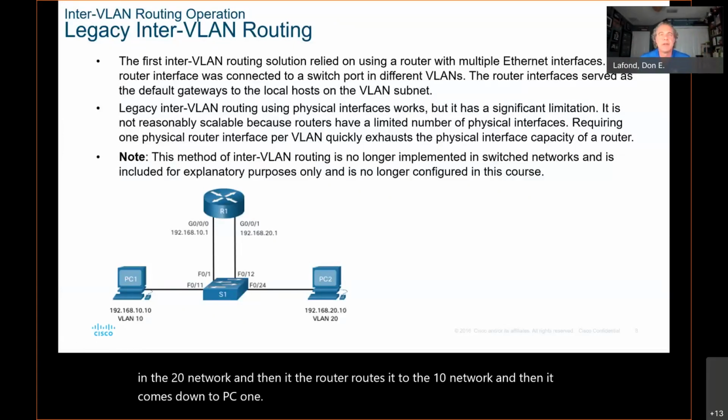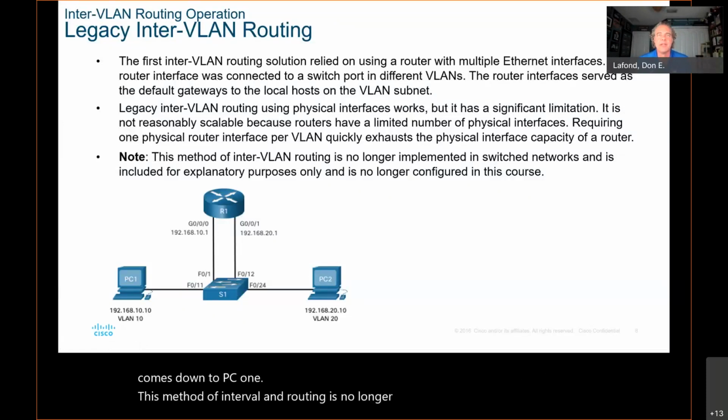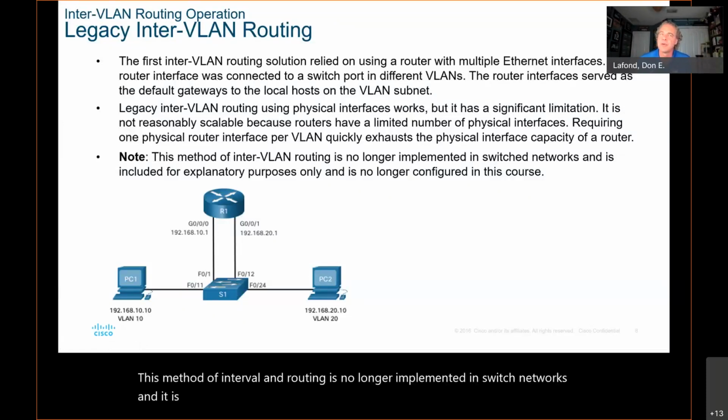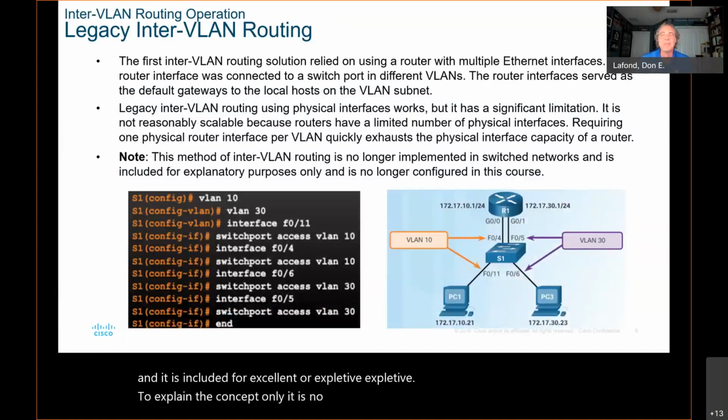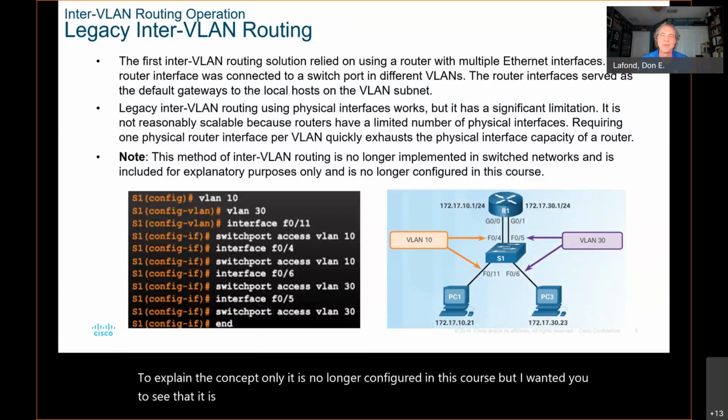This method of inter-VLAN routing is no longer implemented in switch networks, and it is included to explain the concept only, and is no longer configured in this course. But I wanted you to see that it is not that challenging. It's pretty easy.